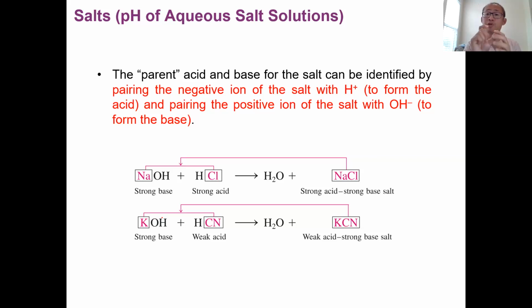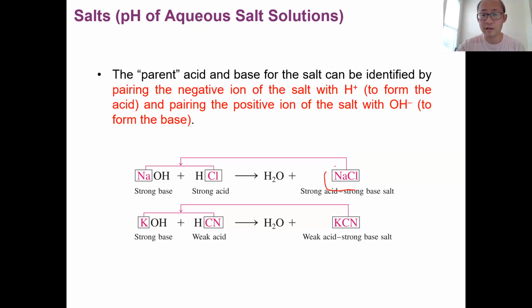So when you have a salt formula, you can tell which part is from the acid and which from the base, because salt is from an acid-base neutralization reaction. After the exchange of ions, besides water, the other product is the salt.